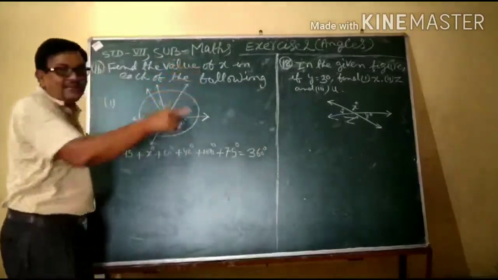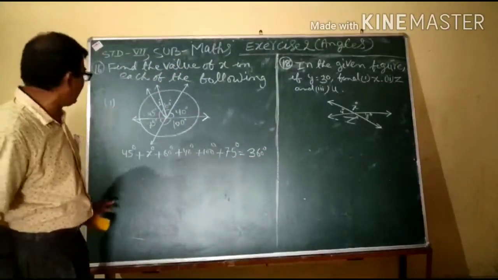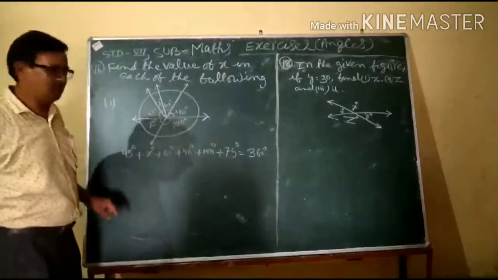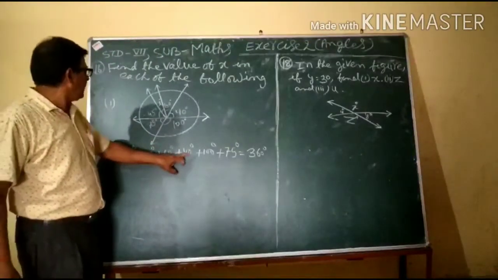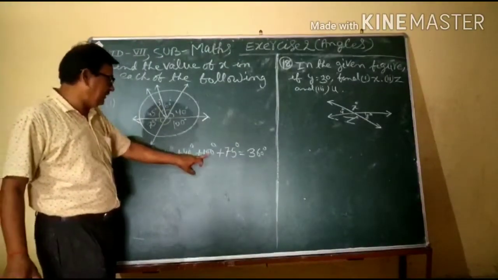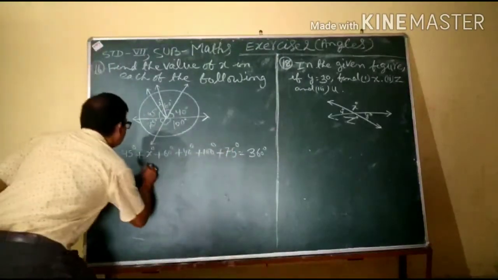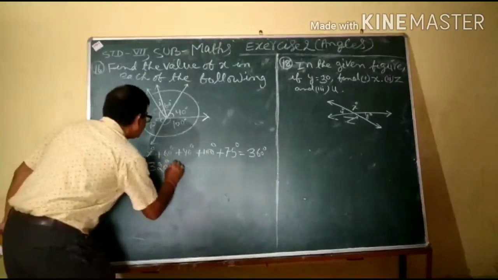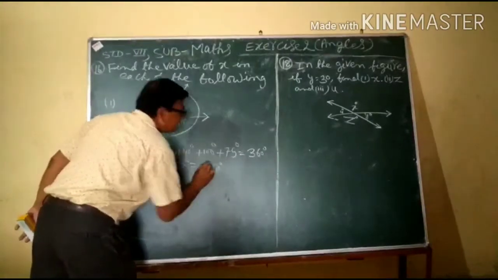One complete turn is equal to 360 degree. Now you add the constant terms 45 plus 60 plus 40 plus 100 plus 75 degree. It will come 320 degree. So 320 degree plus x degree is equal to 360 degree.